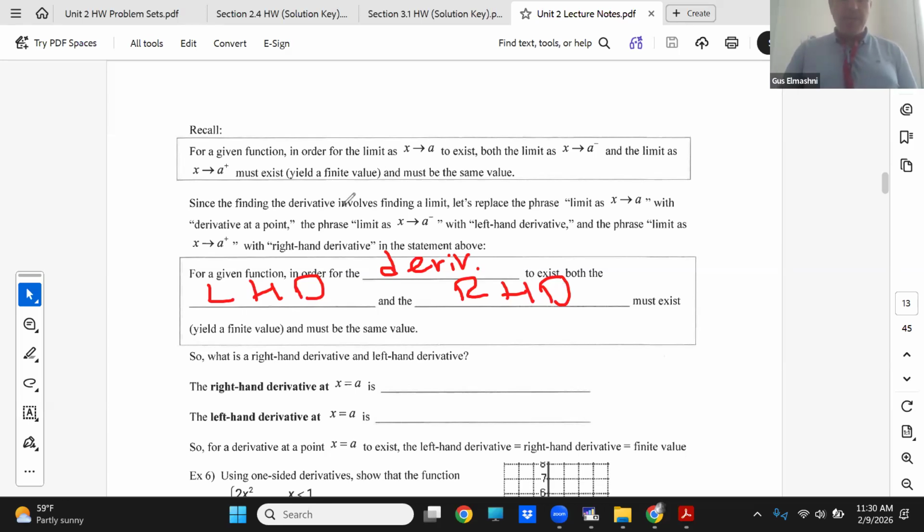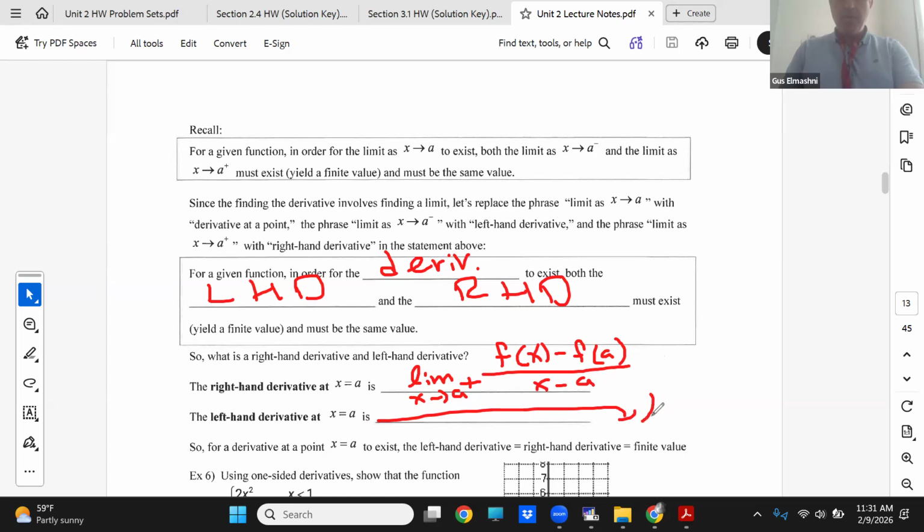So how does this look? It looks like this. The limit as x approaches a from the right of f of x minus f of a, over x minus a.